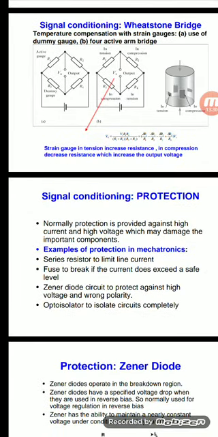signal conditioning and protection. Normal protection is provided against high current and high voltage which may damage the important components. For example, protection of the electronics: series resistors limit line current, a fuse breaks if the current exceeds the safe level, and Zener diode circuits protect against high voltage and wrong polarities.